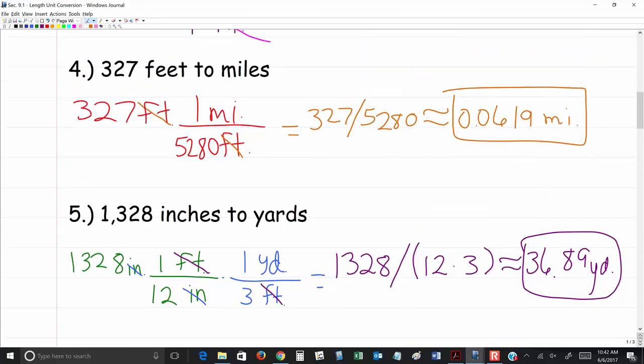So go ahead and maybe do a few of those on the first 2 pages. That's just kind of giving you a feel for the comparison between different kinds of units. And then, let's see.